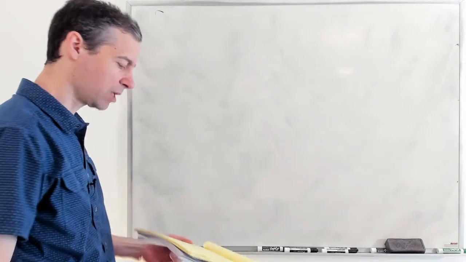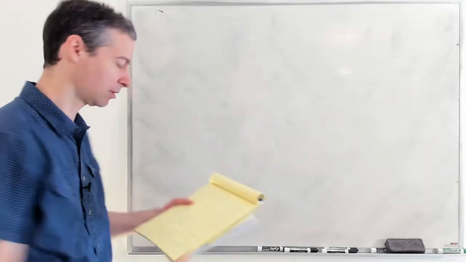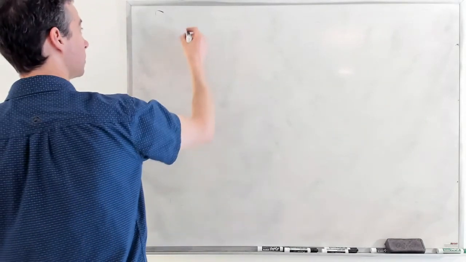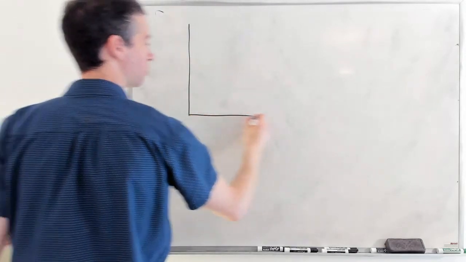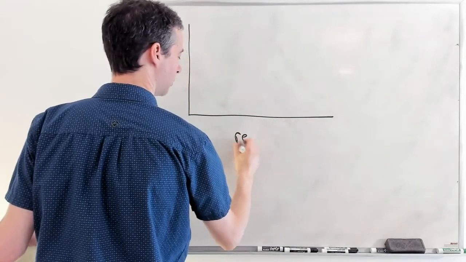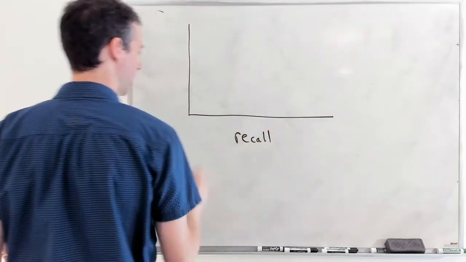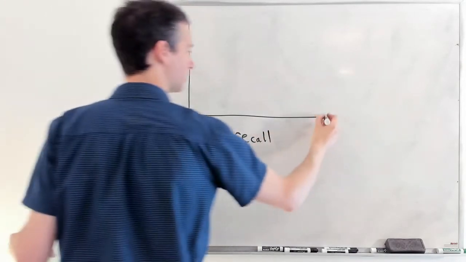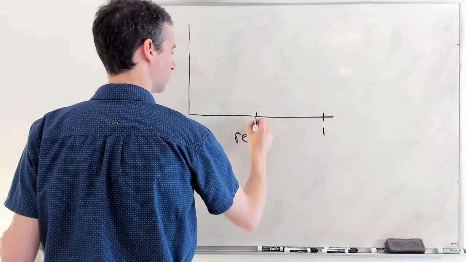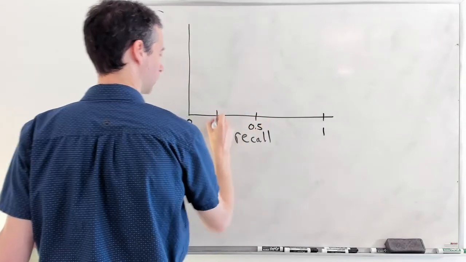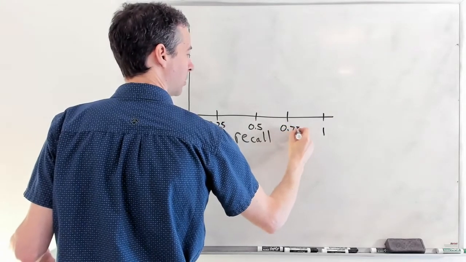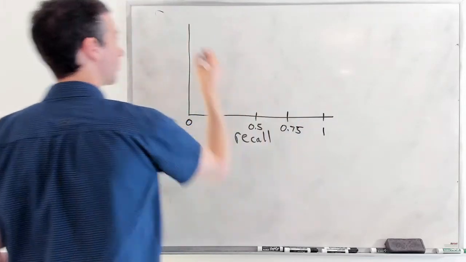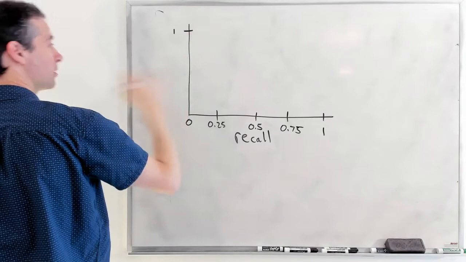We can view these graphically. A very typical display is to put recall on the x-axis, going from 0 to 1, and to put precision on the y-axis.